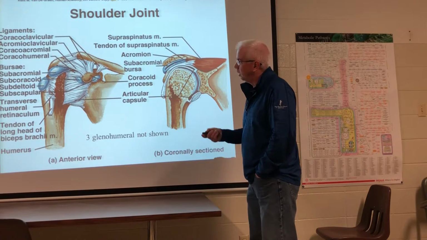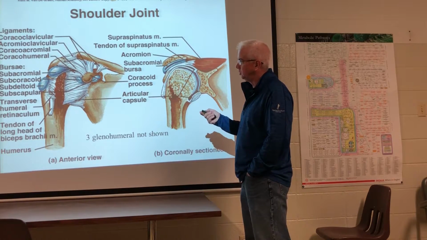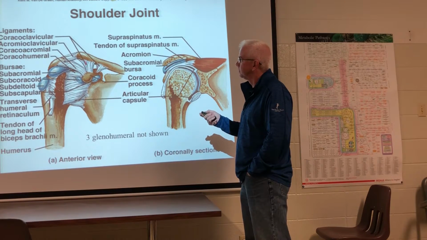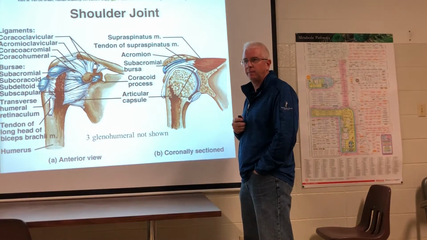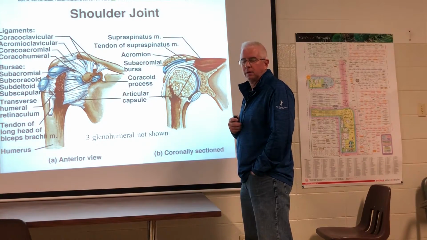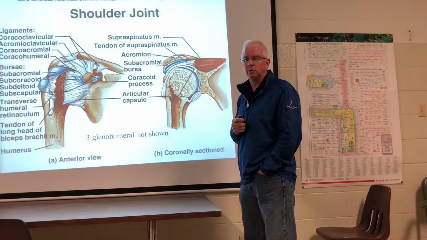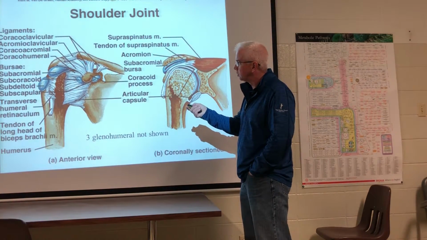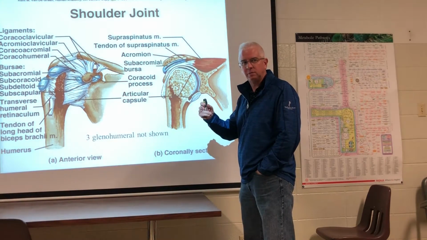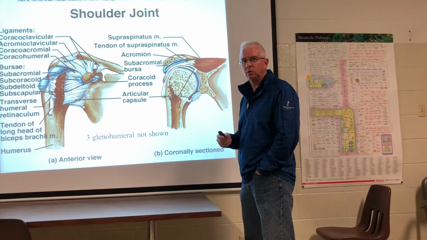Okay, now when we did the clavicle before, I showed you this picture of the coracoclavicular ligament. These two pieces of the coracoclavicular ligament. Do you remember what I said about that? By way of reminder? They're attached to the conoid tubercle here on the clavicle, on the inferior aspect, and they're hanging onto the coracoid.